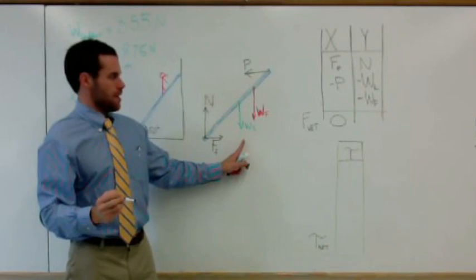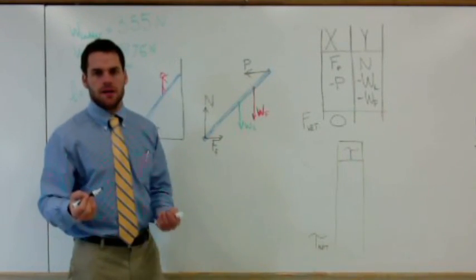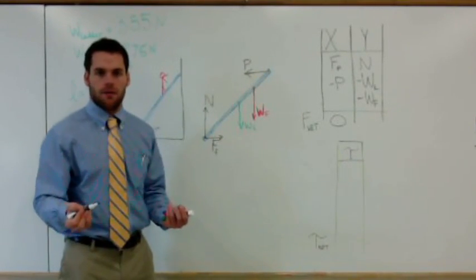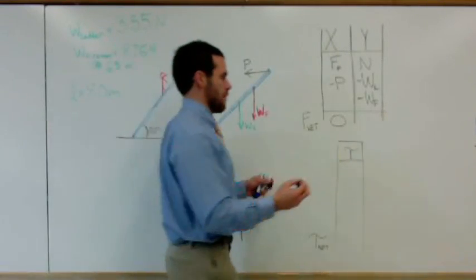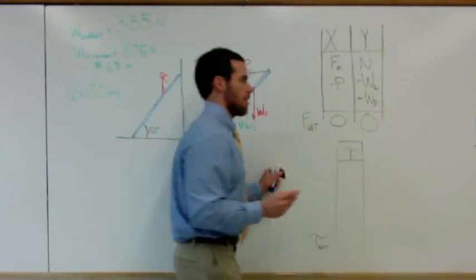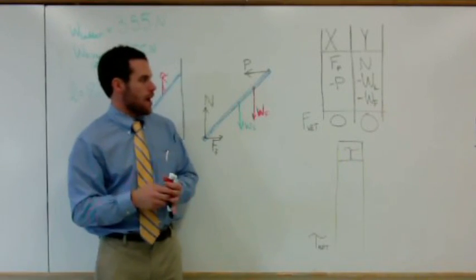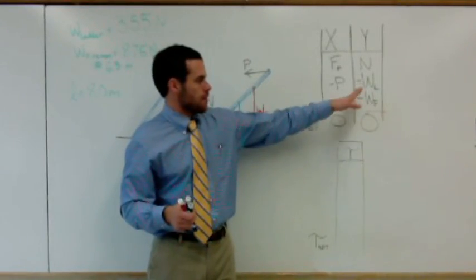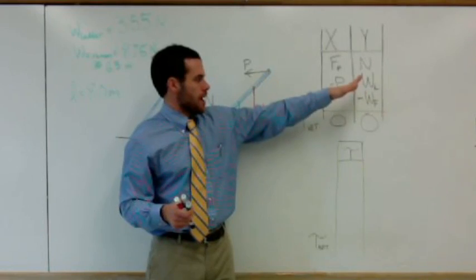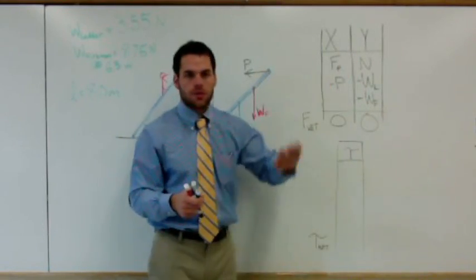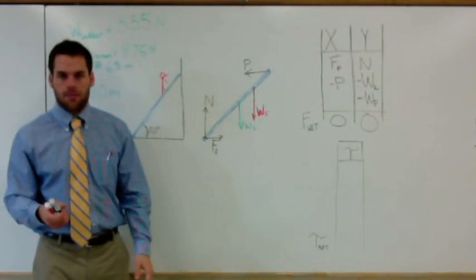The weight of the fireman and the weight of the ladder are acting downward, and once again, this ladder is not accelerating in the y direction. It's in equilibrium, so the net force is 0. So the weight of the ladder plus the weight of the fireman is equal to the normal force acting up.